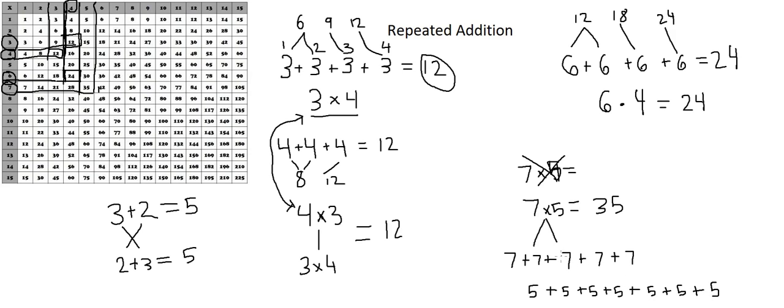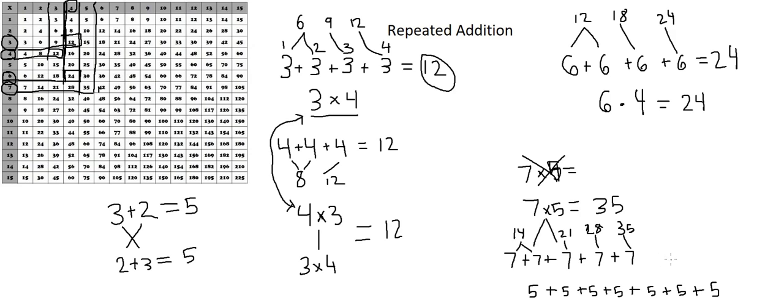So let's take 7 plus 7 plus 7 plus 7 plus 7. If we add 7 plus 7, that's 14. Another 7 is 21. Another 7 is 28. And one more 7 is 35.